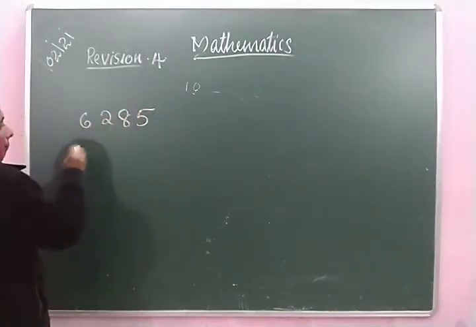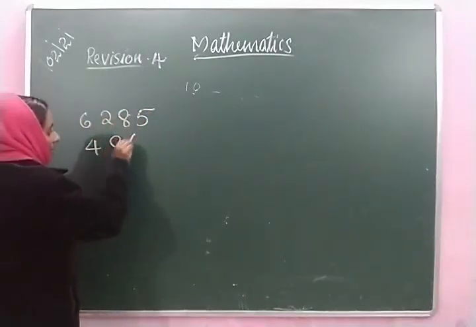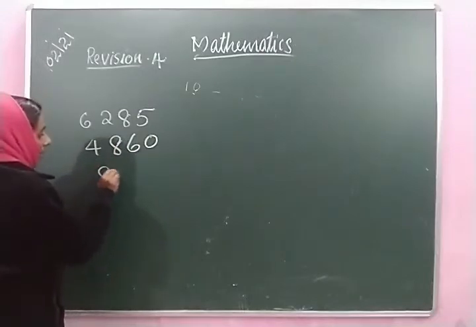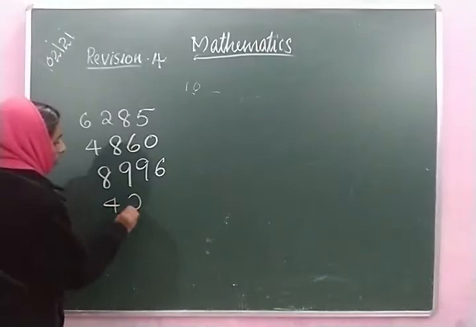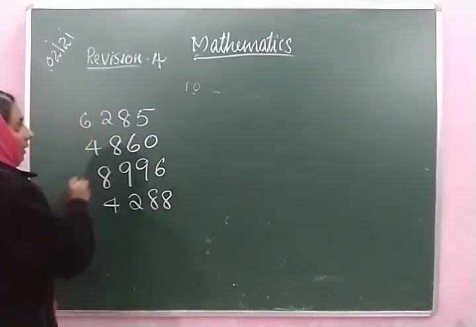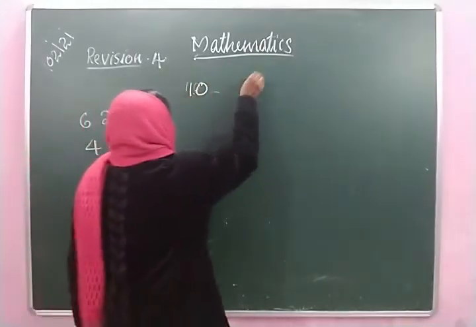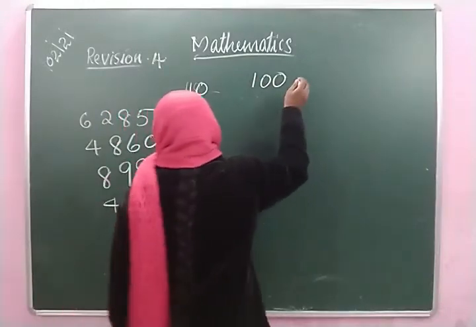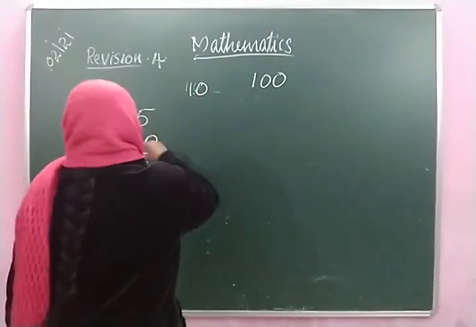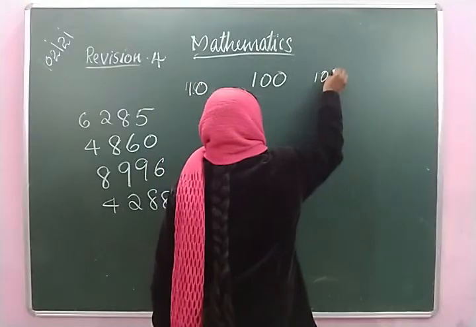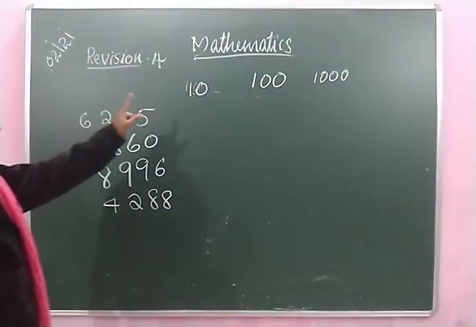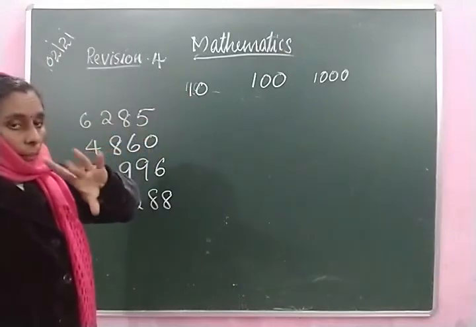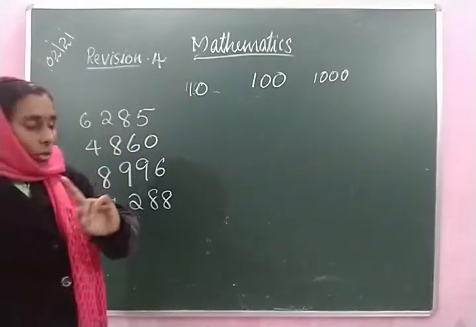6285, 4860, 8996, 4288. Here dividing by 10, here I am going to write dividing by 100 and dividing by 1000. For dividing by 10, the last digit changes into the remainder and the rest of the number changes into the quotient.